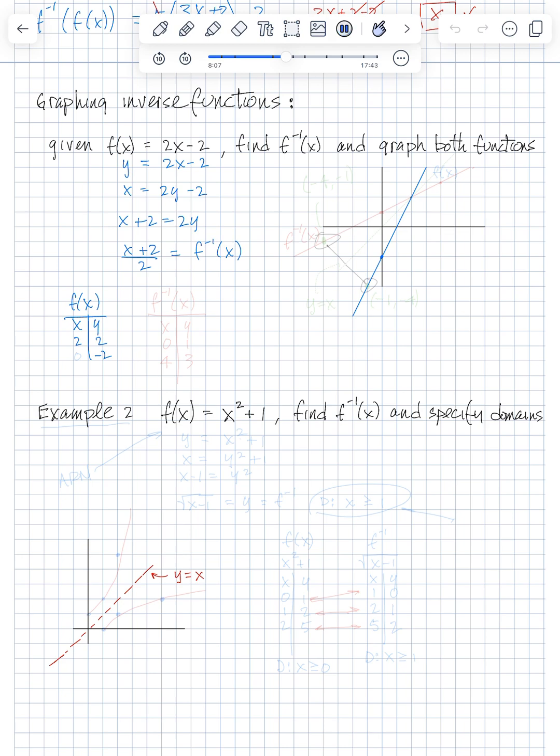So here's the point (2, 2). And let's do another one when x is 0. 2 times 0 is 0, minus 2, so y is negative 2. So (0, negative 2). And that's enough to graph our lines.